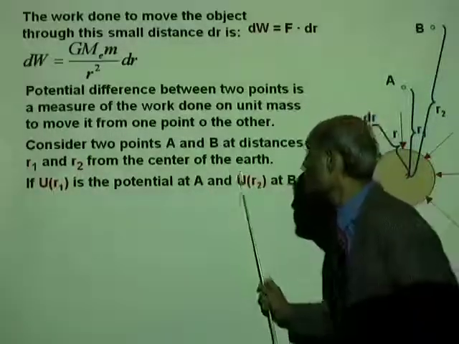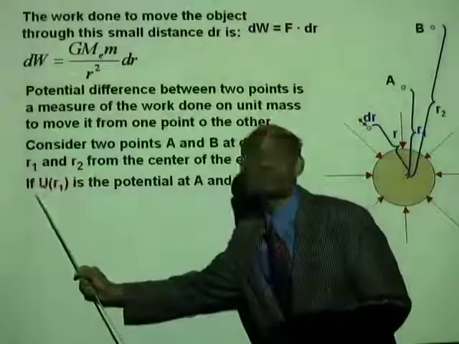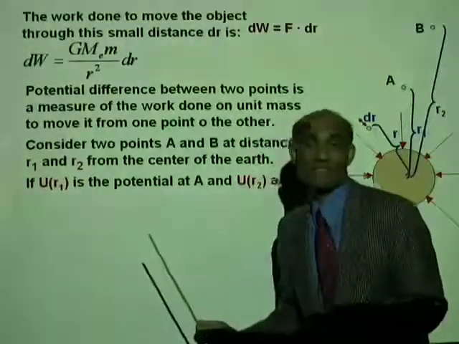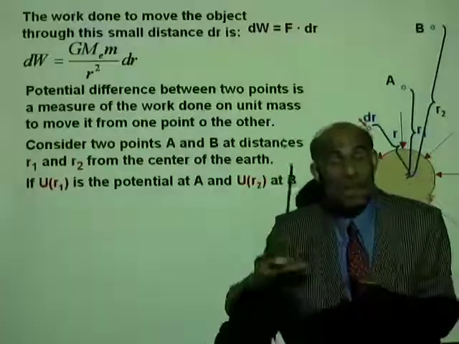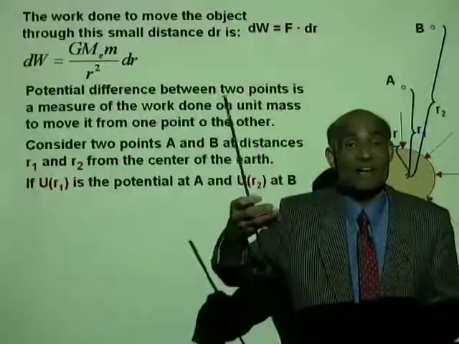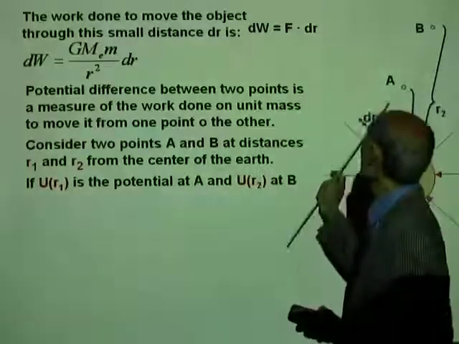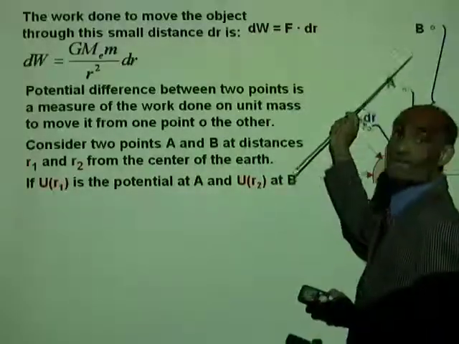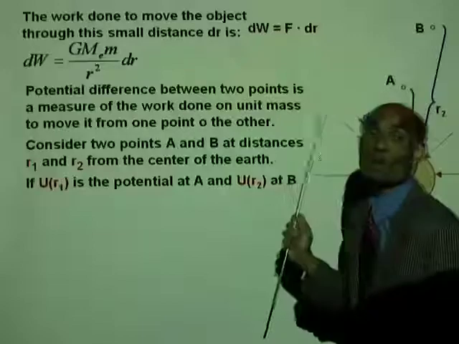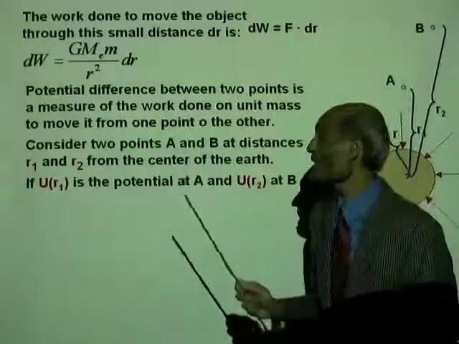Then, what does U(r2) minus U(r1) represent? That is a measure of the potential difference. And what does potential difference equal to? Potential difference is a measure of the work done to move the object from one point to the other.